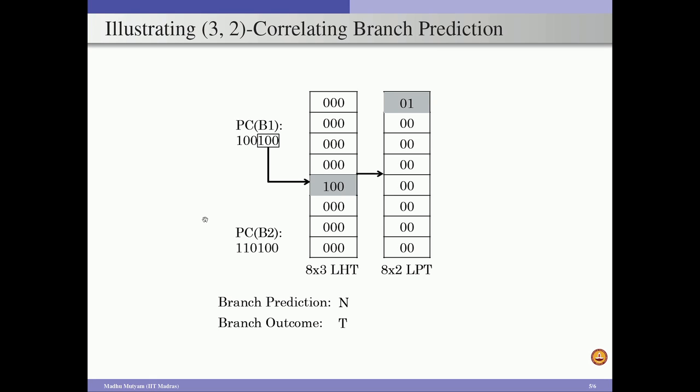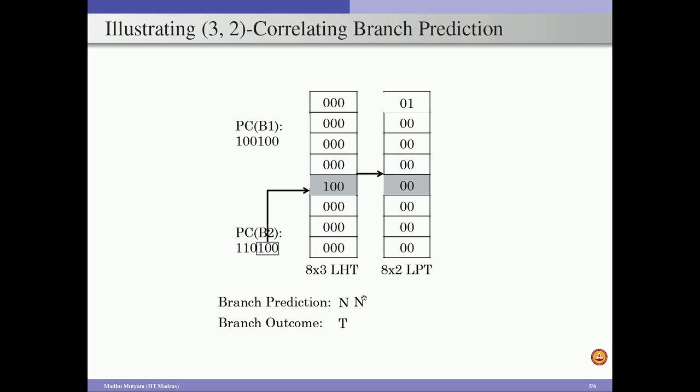Now, the next branch which is B2, when B2 comes, this is 1 0 0 again, it is also pointing to the 4th entry, but now the 4th entry is having a value 1 0 0. So, effectively we have to go to the 4th entry in our LPT, and when we go to the 4th entry it is 0 0. So, we predict that branch B2 also is not going to take place.